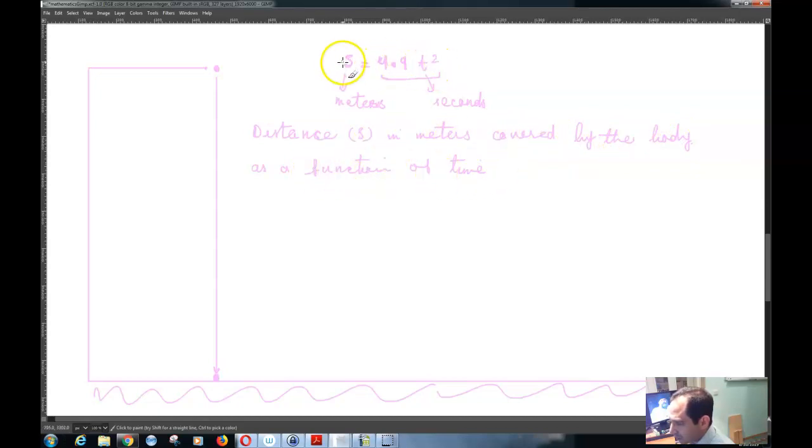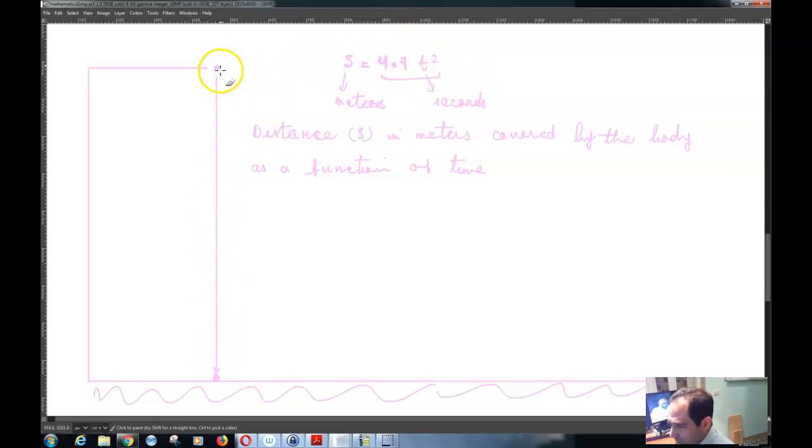That means that S is your dependent variable and T is your independent variable. Depending on the values that you enter for T, you will have some values basically for S. That's all that it means. Now of course, based on this relationship that you have over here, you will have some distances over here depending on time.